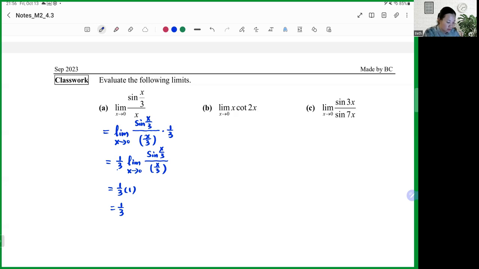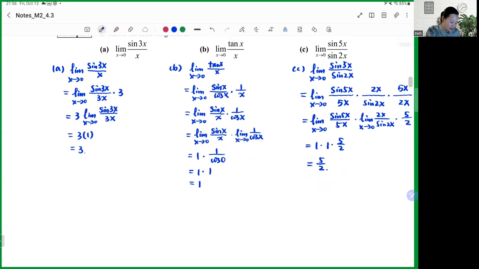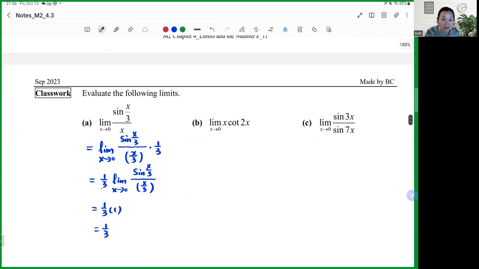Okay? Now, in the previous question, it's to divide 3 and multiply 3. This one is divide 3 in the denominator and multiply 3 in the denominator. The second question, the answer is 1/2.